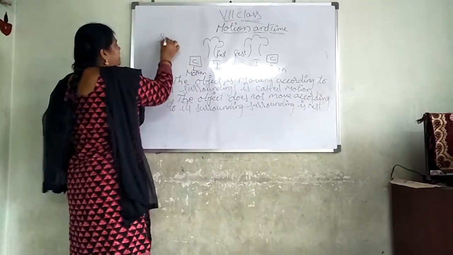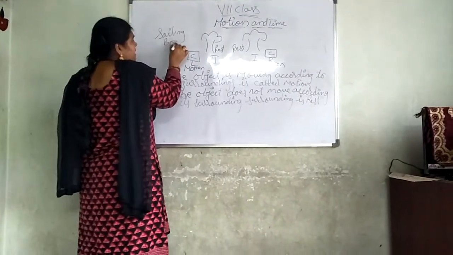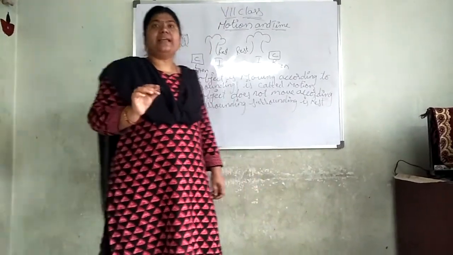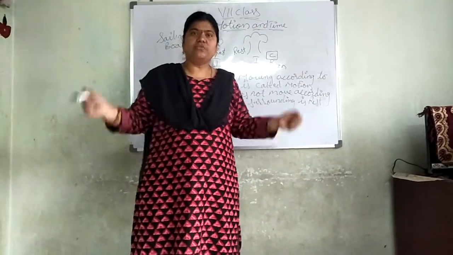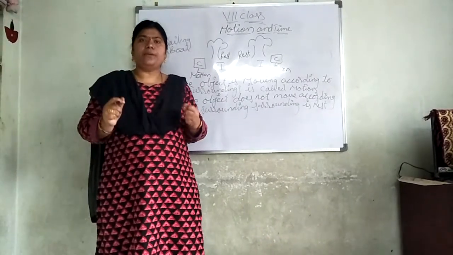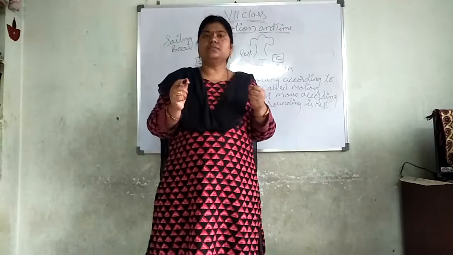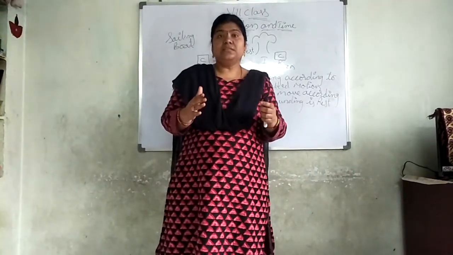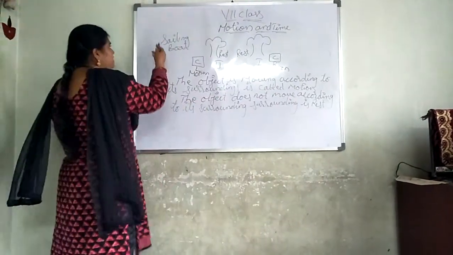A person is sailing on a boat. These examples are there in your textbook. If you see the textbook, you will understand. Imagine a person sailing in a boat. We can understand that the person is moving according to the river.